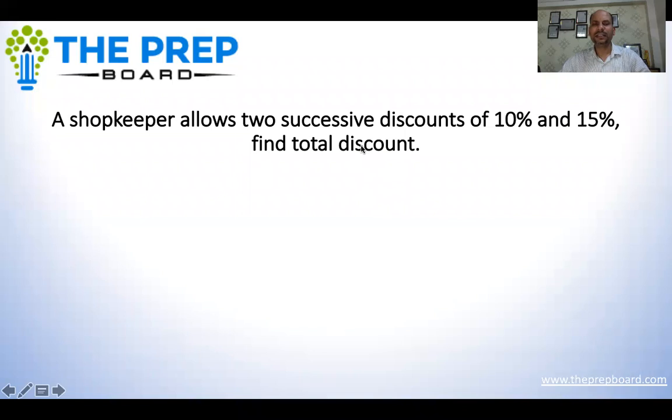It's not necessary that changes are always positive. Sometimes, like you can see, the shopkeeper allows 2 successive discounts, and discount is what they reduce the prices. So whatever increases is positive, whatever decreases is negative. So first change is minus 10%. The formula is plus, it does not change at all, whatever happens. Second change is minus 15%.